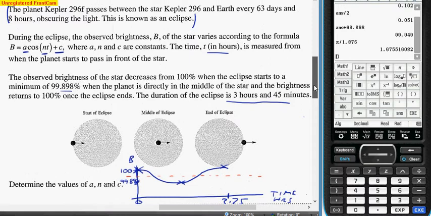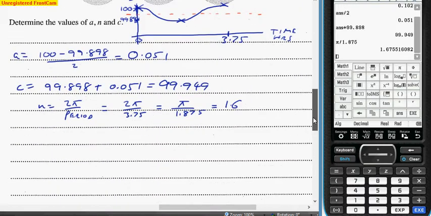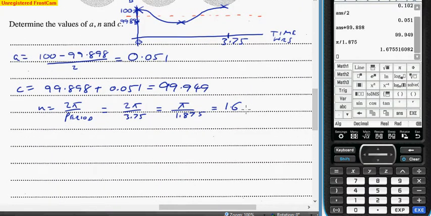They don't tell us how accurate we have to be, so I'm just going to go to 4 places of decimals. Those are the values. Once you've written out what A, C and N are, you've finished. You didn't have to actually write the equation.